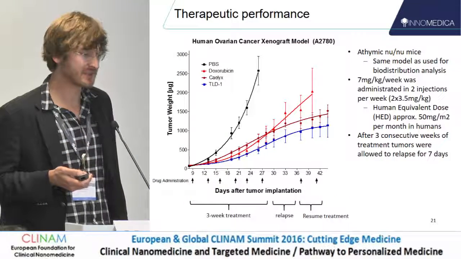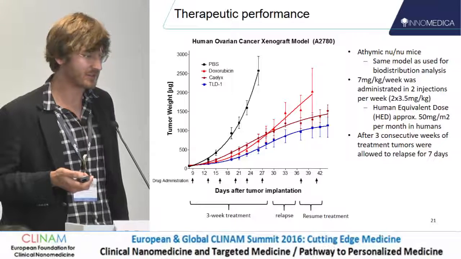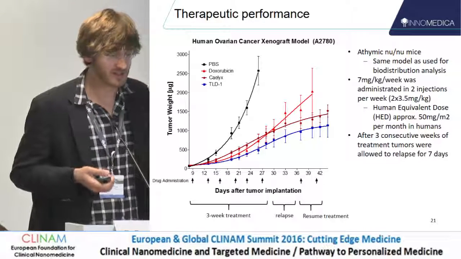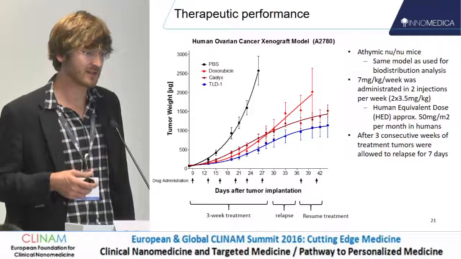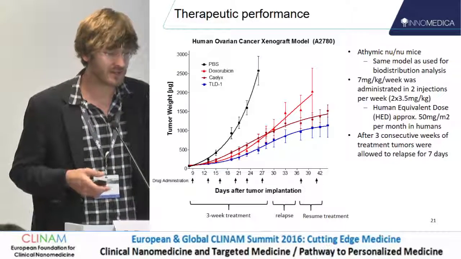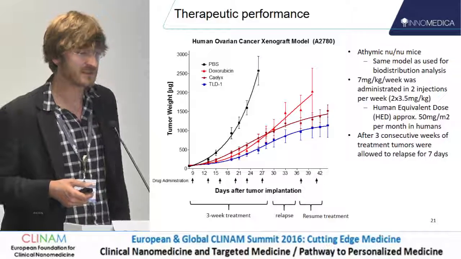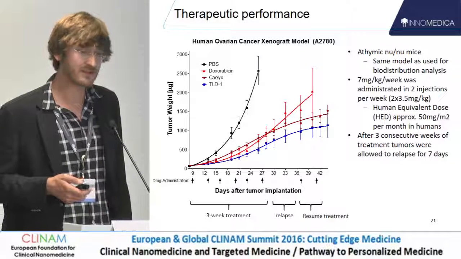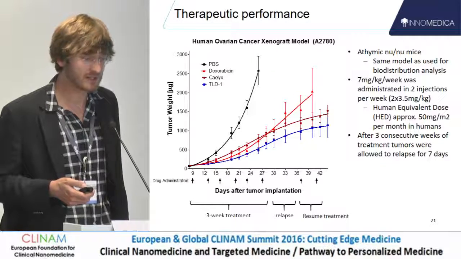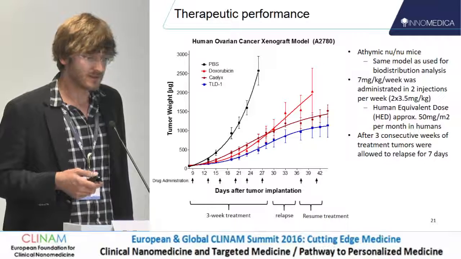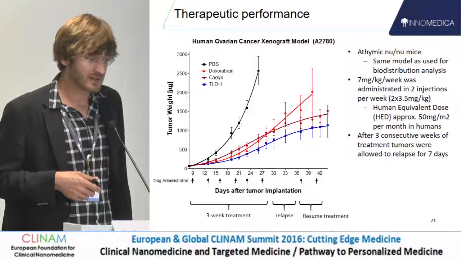Therapeutically, these vesicles showed, I would say, beneficial effects, or at least potentially beneficial effects, when we treated ovarian cancer xenografted mice carrying A2780 human ovarian tumors. Mice were treated twice weekly after the tumors were grown for about 8 days.